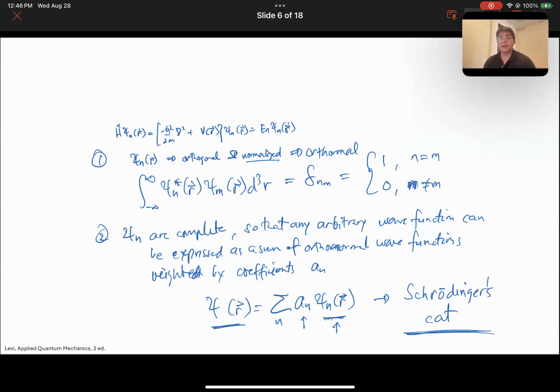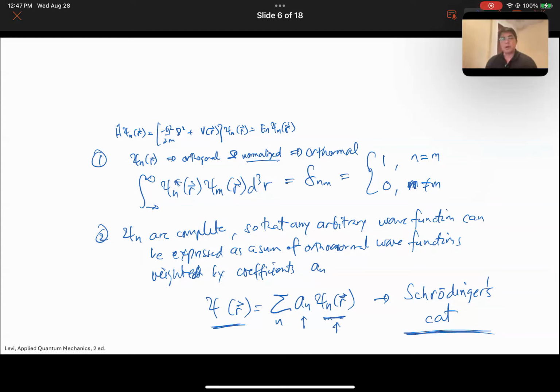But you have no idea whether the cat is alive or dead because you don't know whether the vial of poison has broken open or not. The only way to know is to look, and that's measuring. If you open the box, you measure the state of the system.